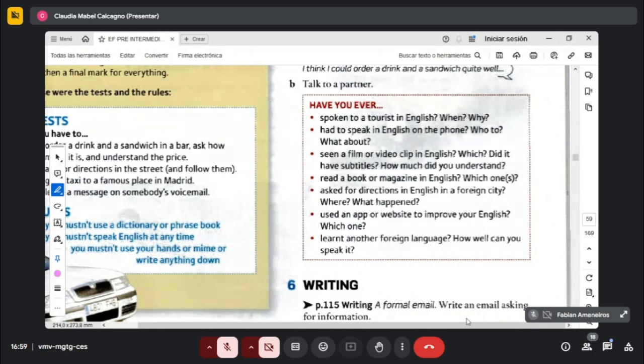Yes, I was a saleswoman, and I had to show a product in English to a tourist who wanted to buy a coffee machine. So I had to show and say the characteristics it had.